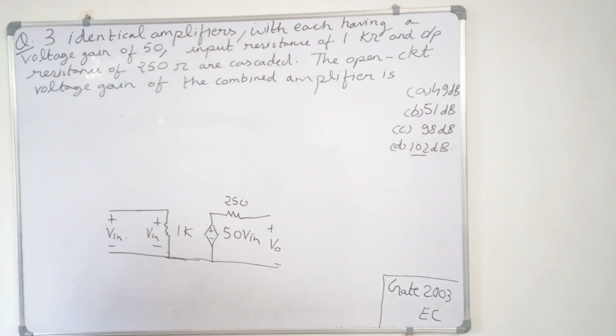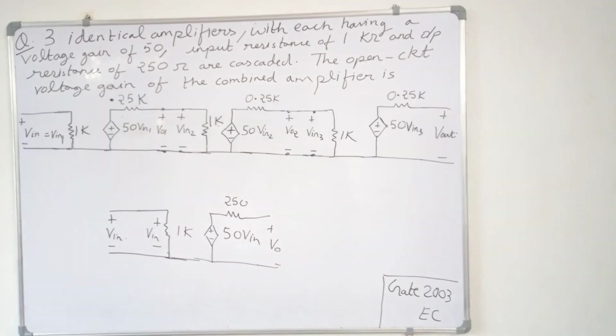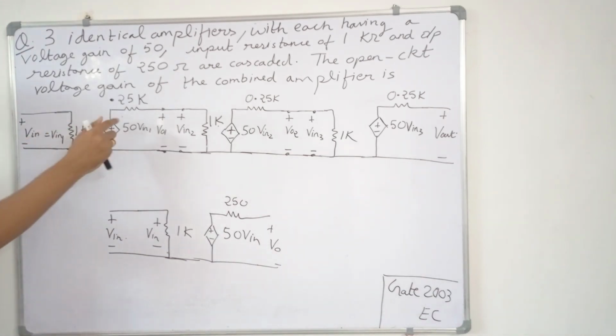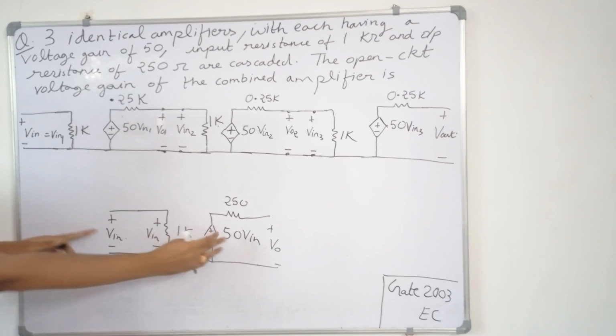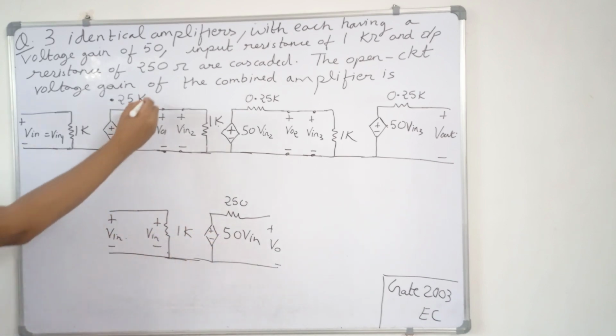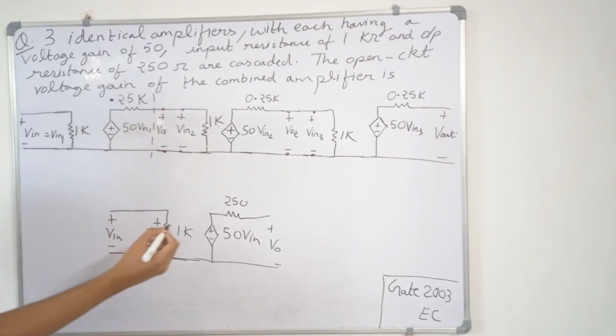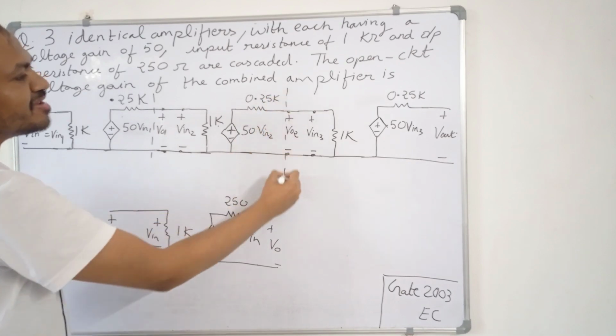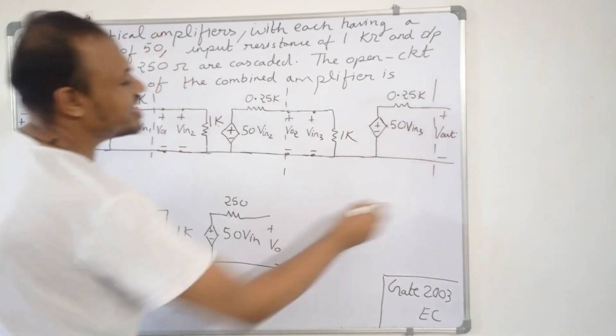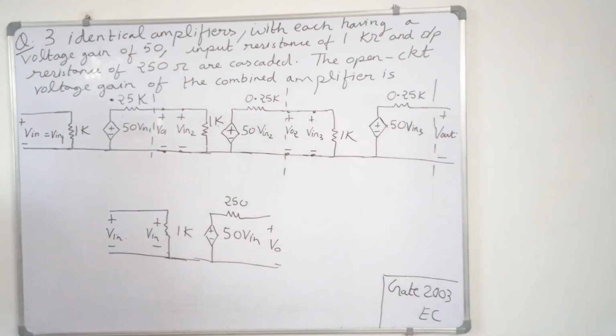But there are three voltage amplifiers which are cascaded, so let me draw the combined circuit. This is the first amplifier, then the second amplifier, then the third amplifier. We have simply repeated this circuit three times, and all three amplifiers are cascaded.